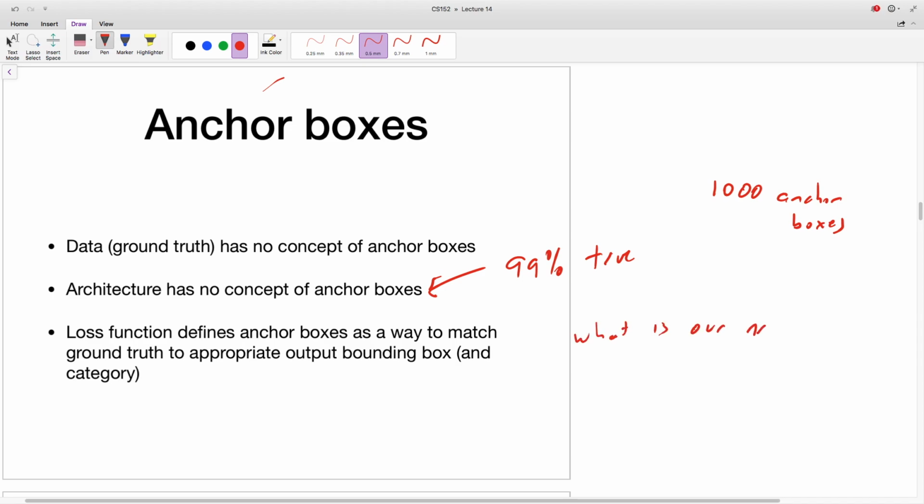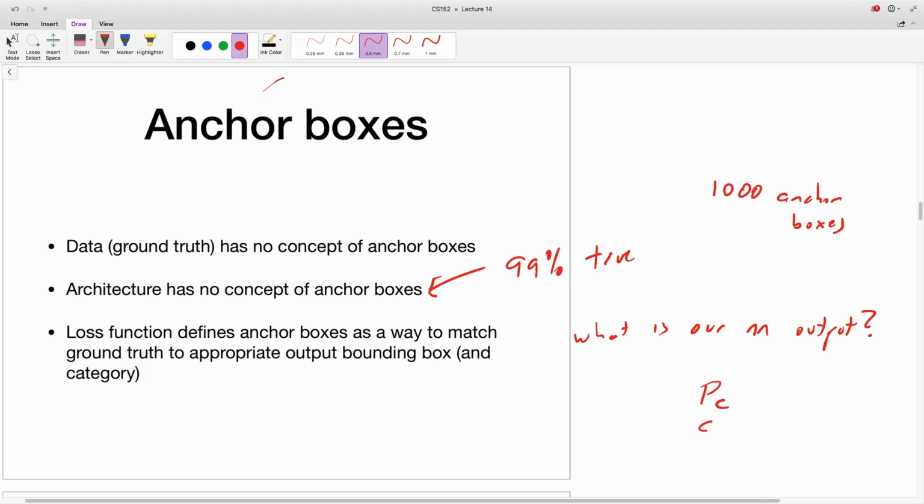What is our neural network's output? We have probability.